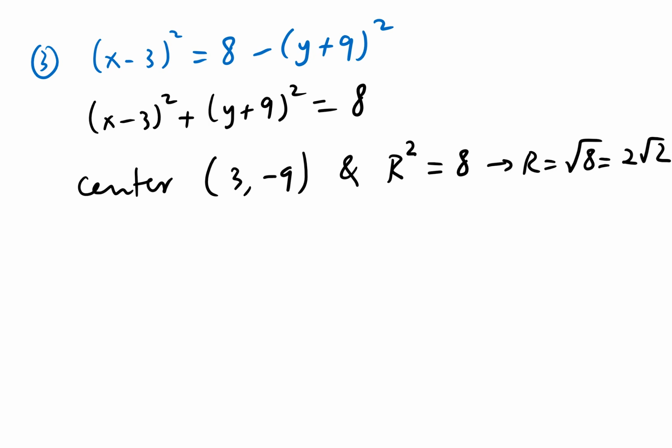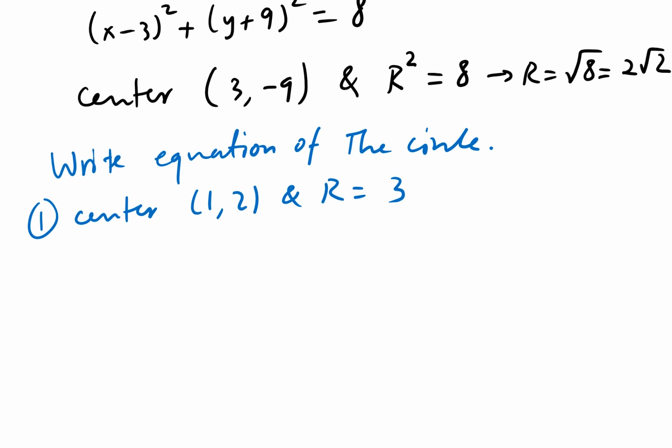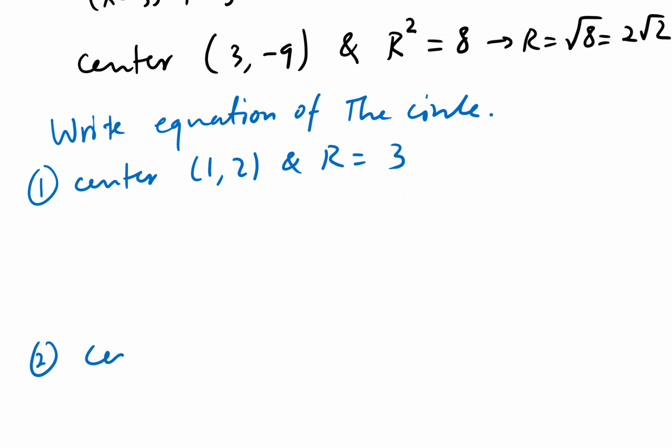We can go backwards. We can ask you to write the equation of the circle in standard form based on some given information. Say center (1, 2) and radius 3, or center (-1, 3) and radius 1/4, let's say.